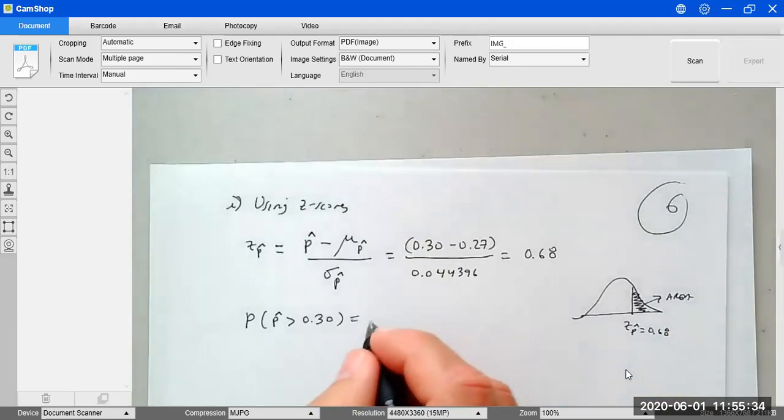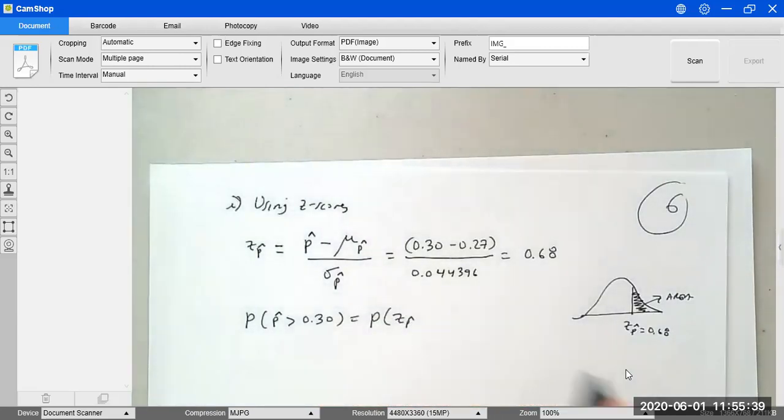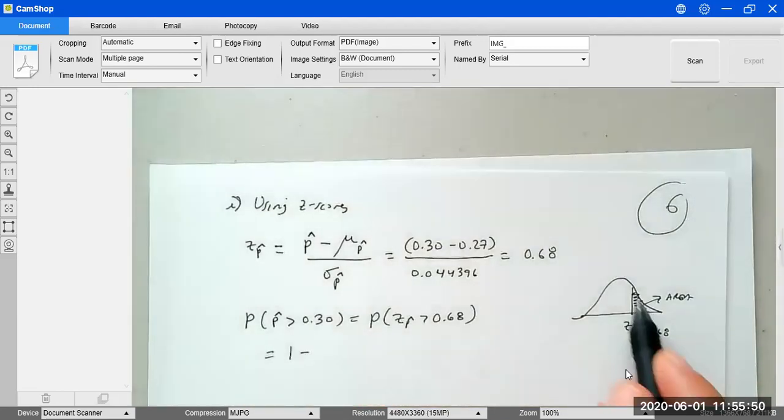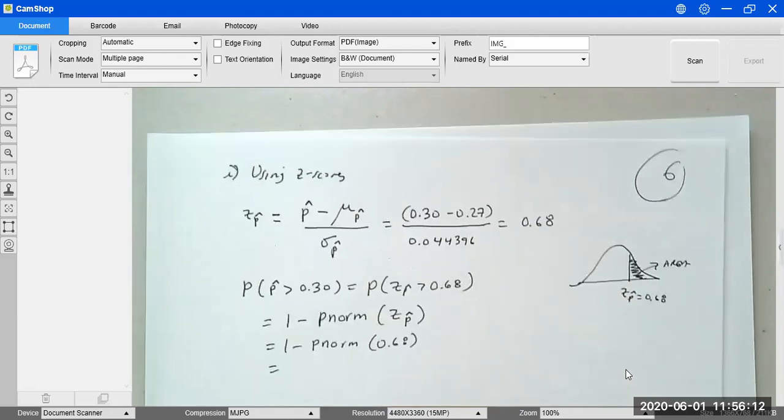This is equivalent to the probability that the z-score is greater than 0.68, and this is equal to 1 minus pnorm, because the area is to the right, and we can use the normal distribution because of the central limit theorem. So this is 1 minus pnorm of 0.68. That's the first way to work this.